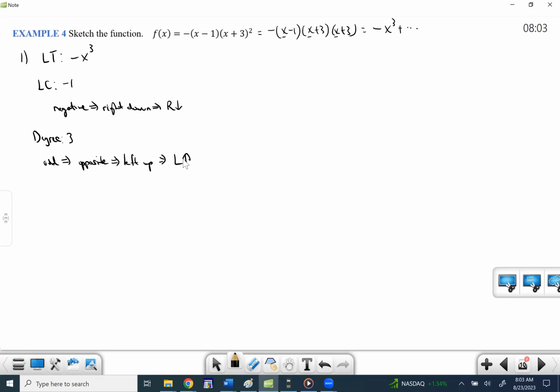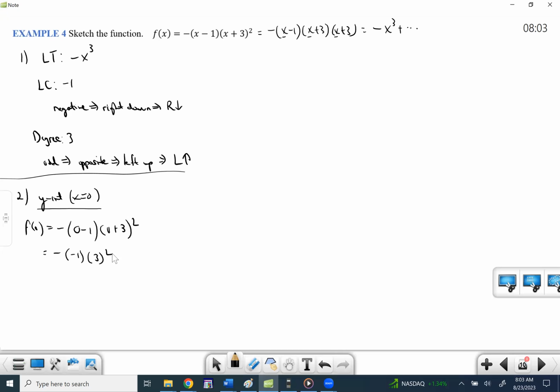All right, let's move into y-intercepts now. To find the y-intercept, we let x be 0. So we're going to substitute 0 in for all of our x's in the original problem. 0 take away 1 is -1. 0 plus 3 is 3.